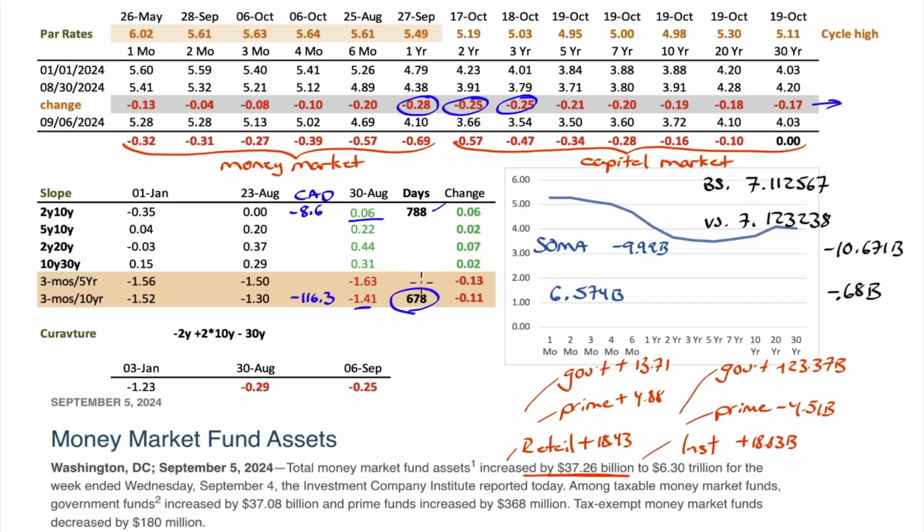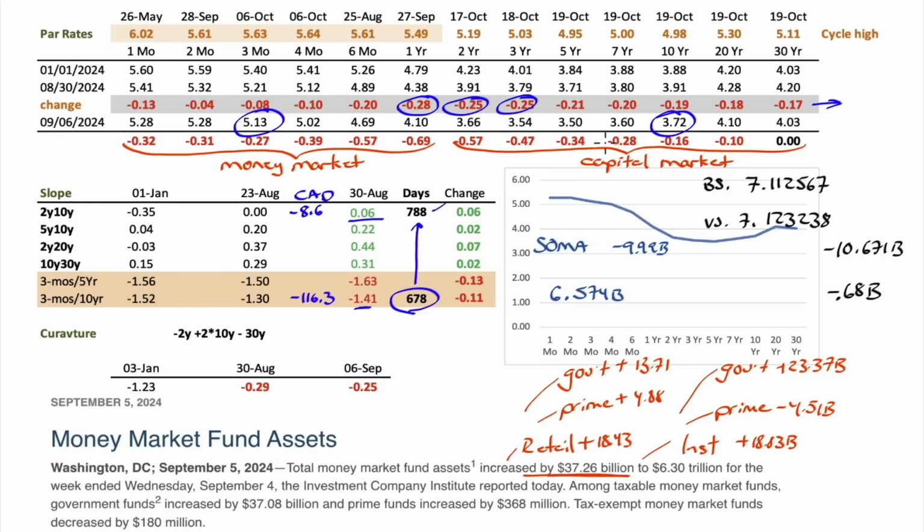So I guess the question is, can it beat this? You got another 110 days. I don't see the federal funds rate, or let's just say the 3 month at 5.13, dropping enough such that the 3 month will drop below the 10 year. Look at that, you got 3.72. I don't see that happening.